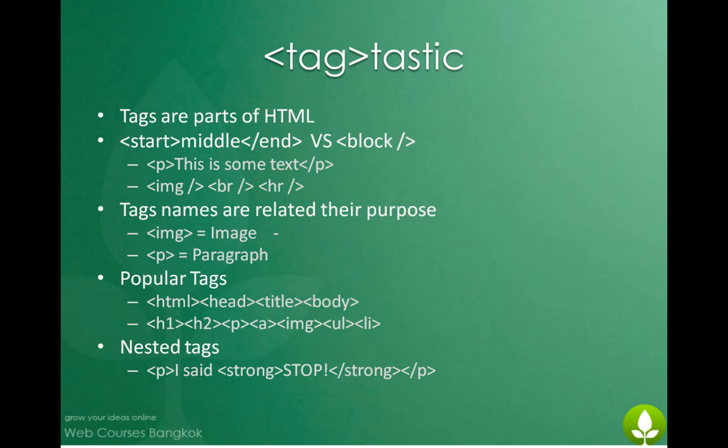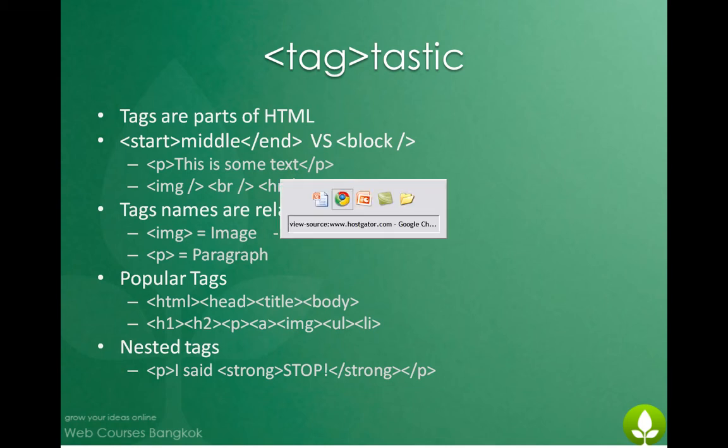So the next one then is tags. Now tags are very much named to what they are. Image, image, P, paragraph. And you've also got some popular ones here, and these ones you see in probably every website. You know, you've always got HTML, head, and again there's start HTML, end HTML. Everything in the middle, HTML. You've got title, and that's what you see at the top of your browser.